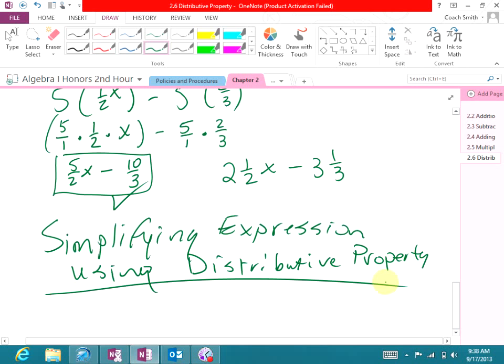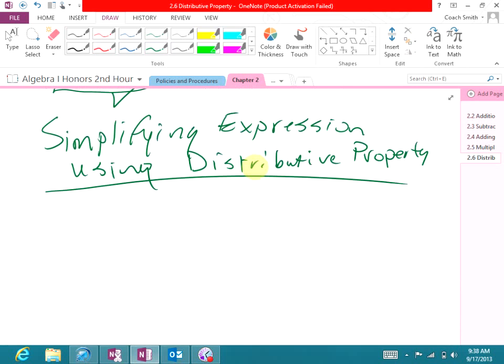Okay? And basically what they're talking about is this. If I have 15x plus negative 4x, I can simplify this.